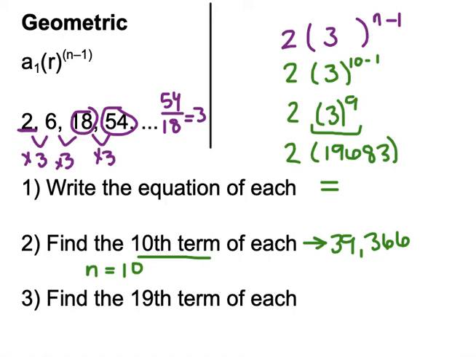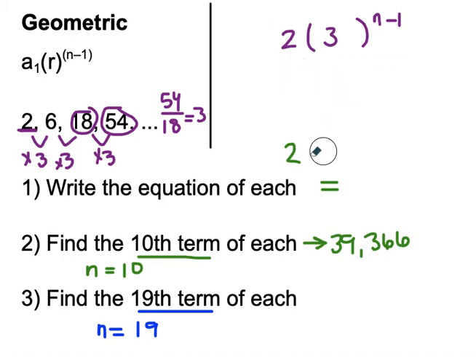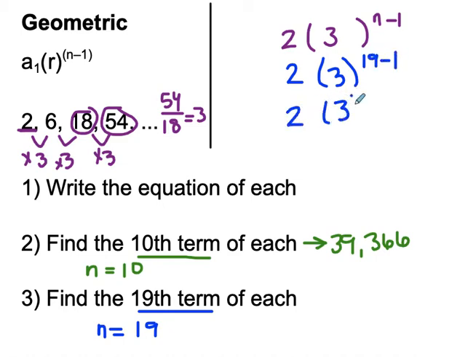Now, the next one tells us to find the 19th term. We know this is going to be a really big number. So in this case, my n is 19. So let's clear this out and plug in 19 in the place of n. Simplify your exponent first. 19 minus 1 is 18. We want to raise 3 to the power of 18, which gives us this nice number.